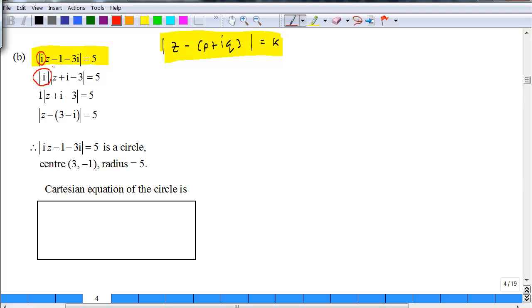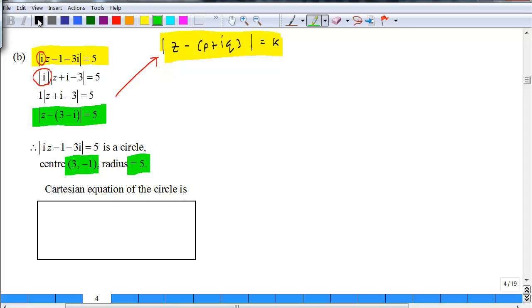Simplifying it, you will manage to get to this final line, which is exactly the standard form. We already know that this standard form will give you a center which is (3, -1), and a radius which is 5.